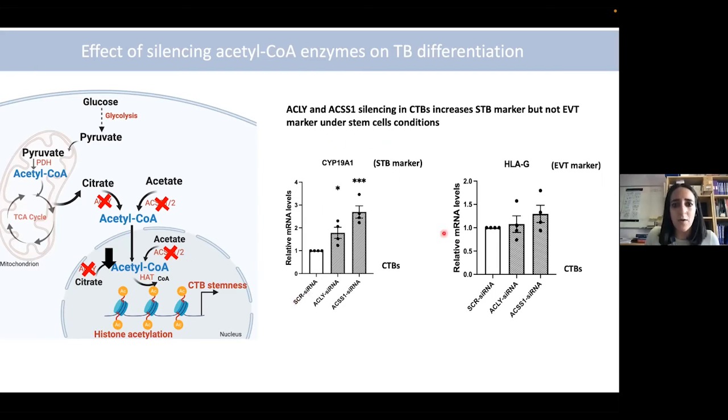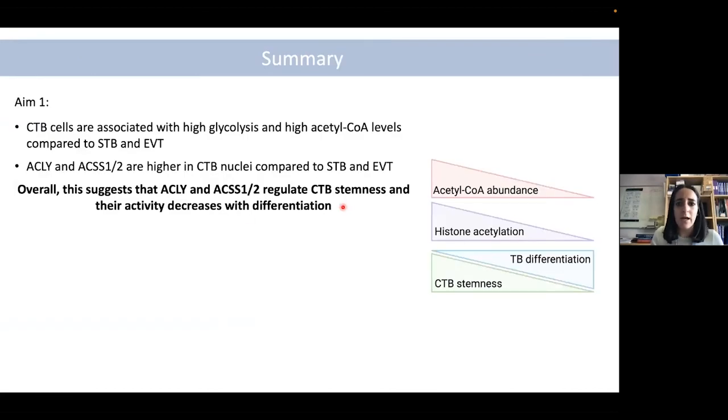And here we saw that the STB marker increases when these enzymes are knocked down, while the EVT marker doesn't change. So interestingly, this might suggest that reduced nuclear acetyl-CoA levels may lead to a premature STB differentiation. So to summarize, the CTB cells are associated with a high glycolytic profile and high acetyl-CoA levels.